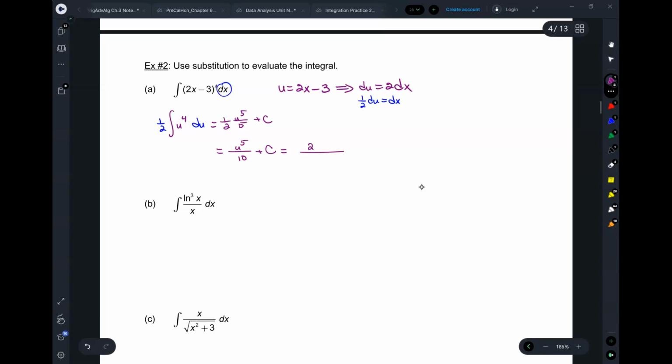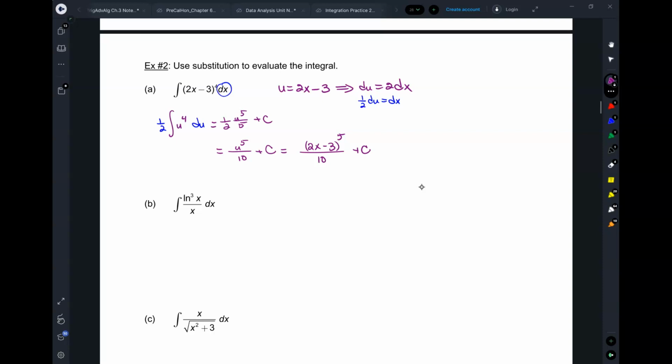So it'll be 2x minus 3 to the 5 over 10 plus c. So do you see how if we had just integrated the way we did before, you can't just take the 2x minus 3, add 1 to the exponent and divide by 5, because then you don't get that extra factor to make it a 10, okay?